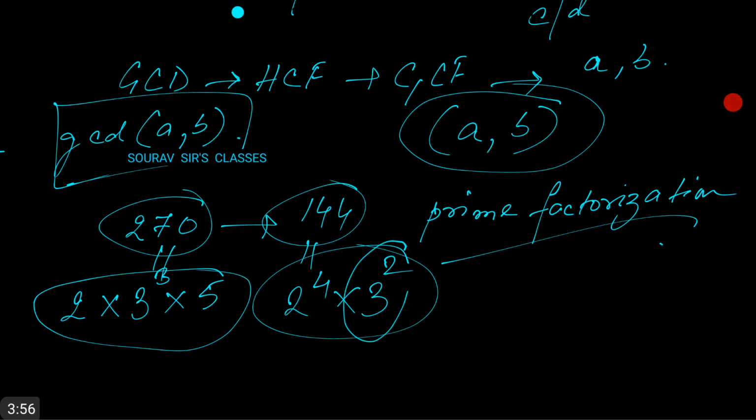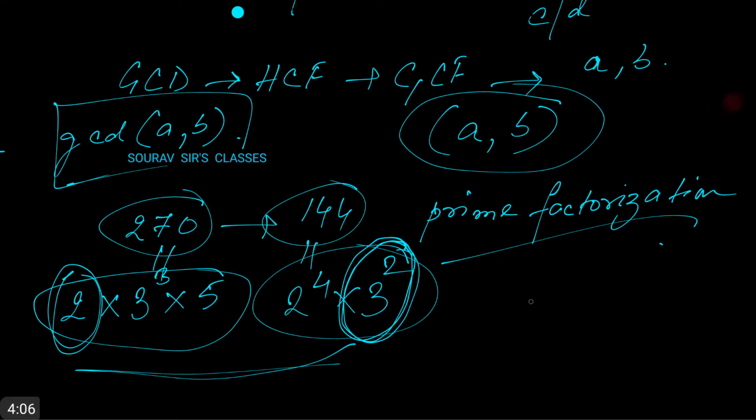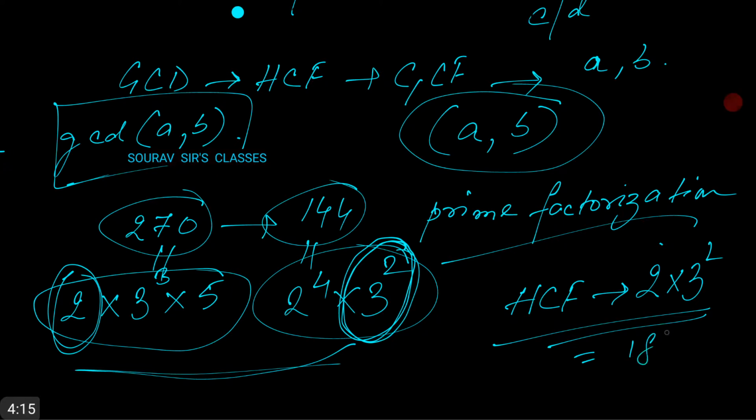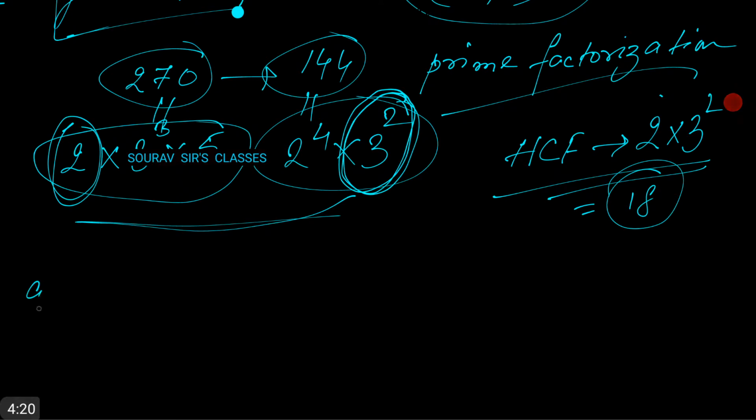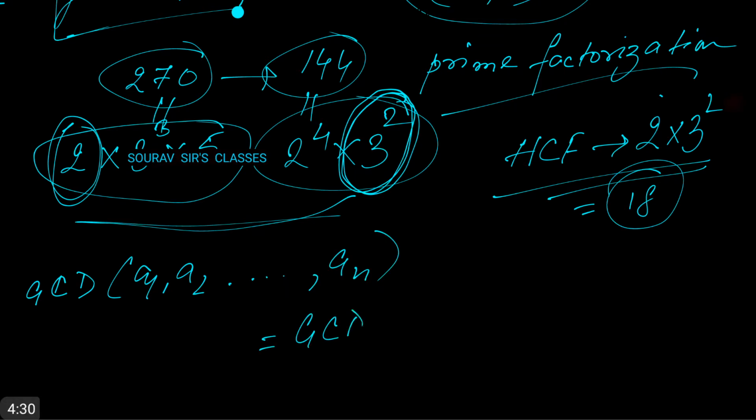We know that 2 and 3 squared are in both of these two expressions. So the HCF will become 2 into 3 squared, and that's your answer, which is 18.